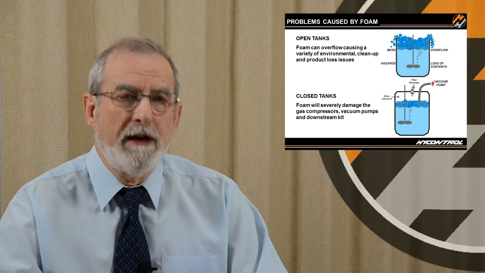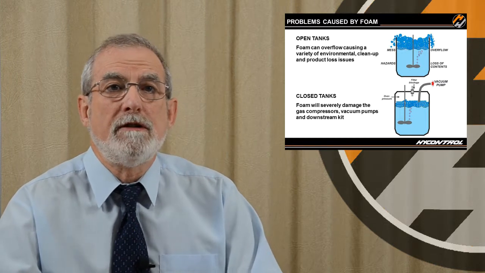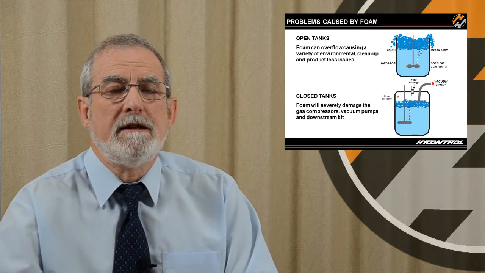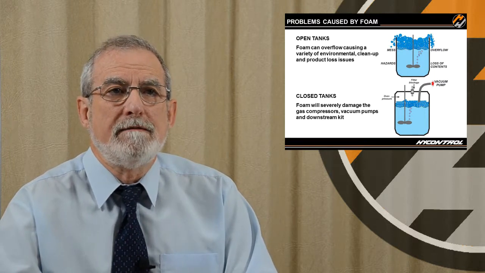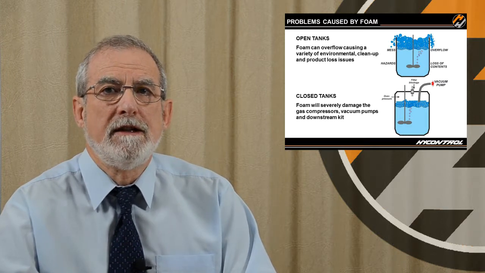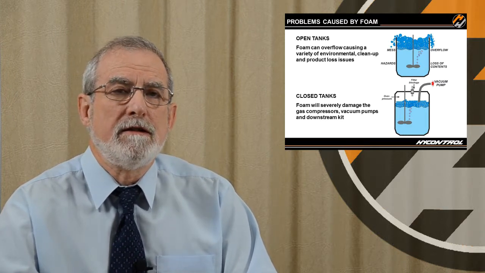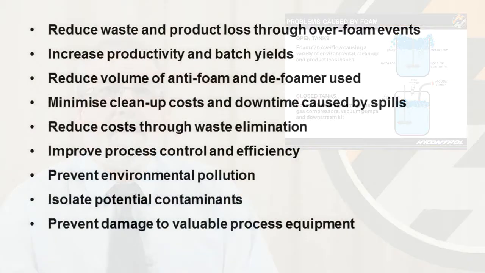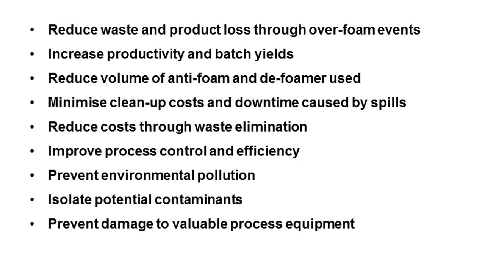But we also have situations where we'll have a closed tank where there's a pressure and the foam can't get out in the normal way, but it could go out through a gas line or some kind of exit pipe and cause problems downstream. So first of all, if you want to control something, you need to be able to measure it. We want to be able to indicate that the foam is there, assess that the foam is there automatically, so someone hasn't got to stand and watch it.